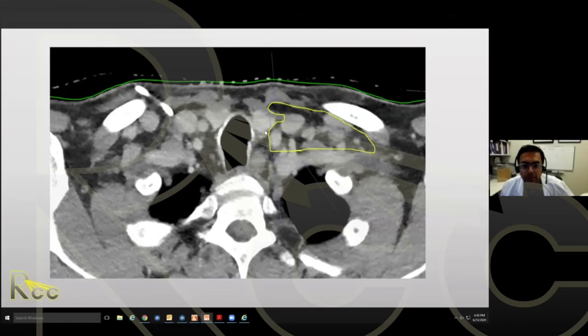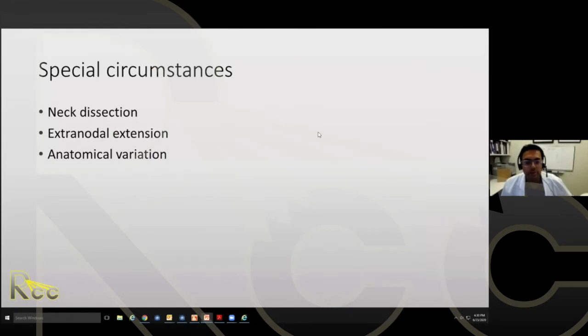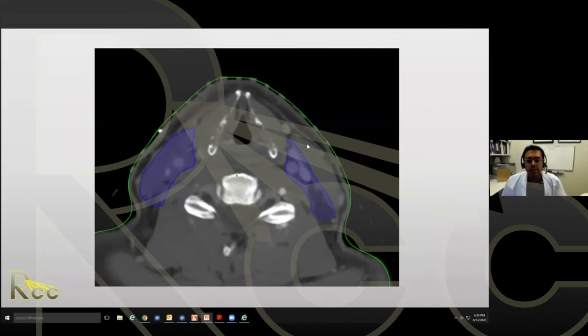So this is what your volume can look like. This is how it would look on the right side. So there are also special circumstances here, with, I believe Dr. Hugh Turner had mentioned, neck dissection and also extranodal extension, as well as anatomical variations, which I'll go over here. So here's an example of a gentleman that's had a right neck dissection.